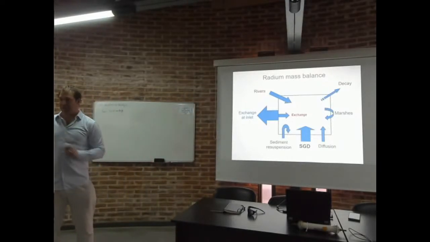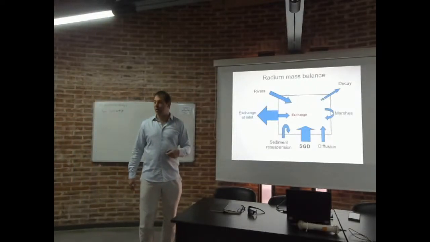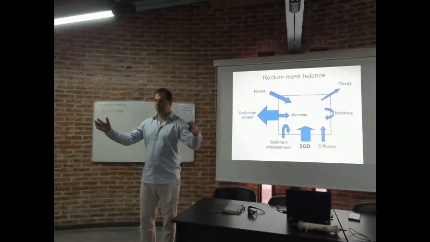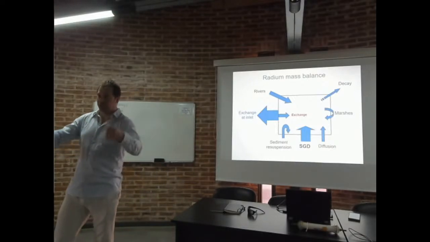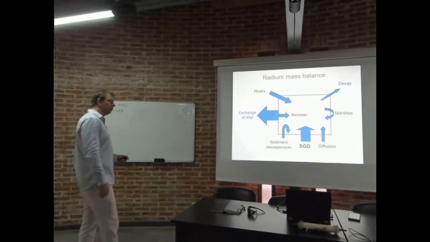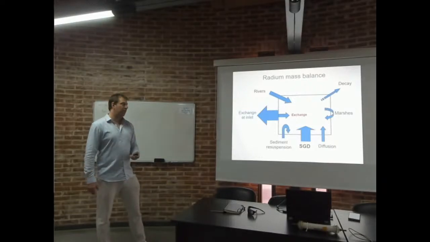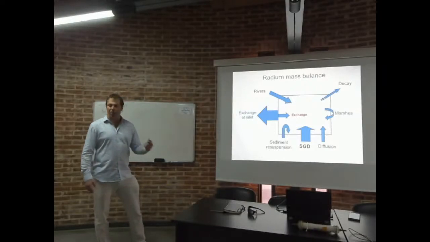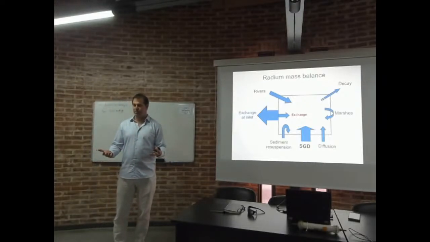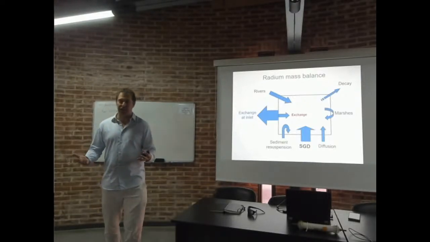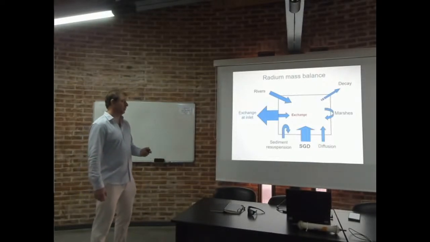So, assuming the radium in your area, your lagoon, your bay, your coastal zone is more or less in steady state, we can do a mass balance where the outputs must equal the inputs. When it comes to radium, you essentially have two outputs.